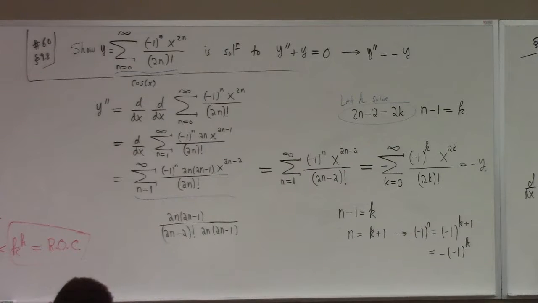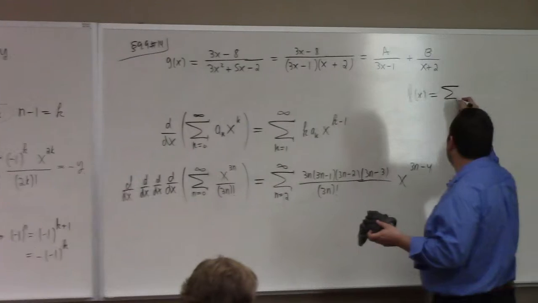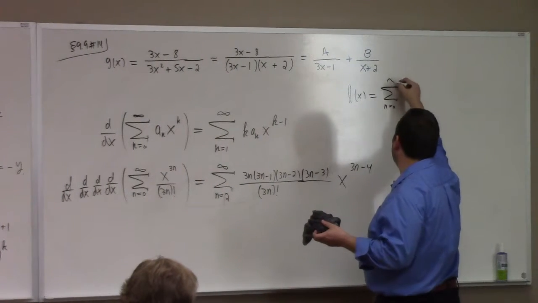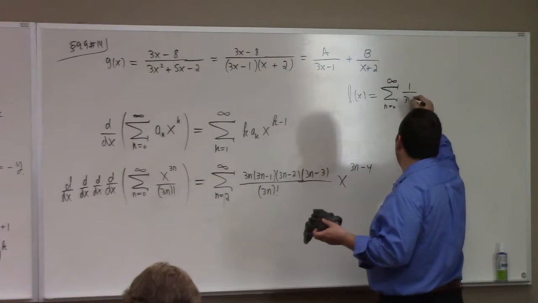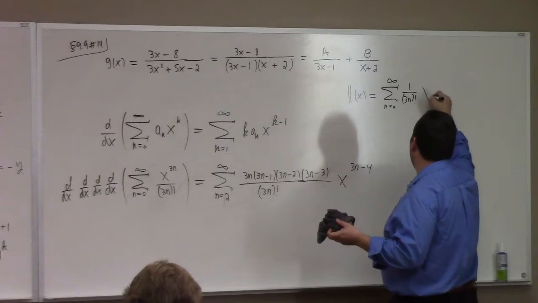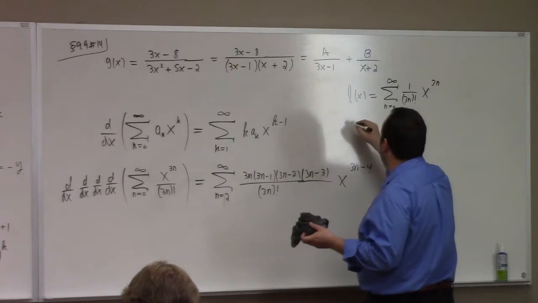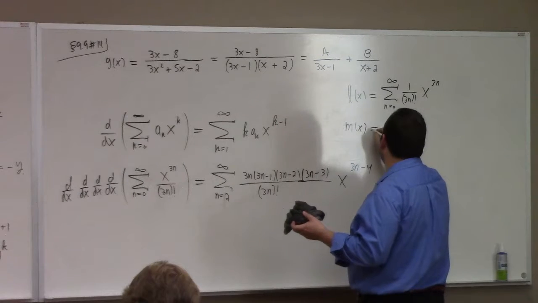If you're wondering, the Larry function, by my definition, is this. The Mo function is this.